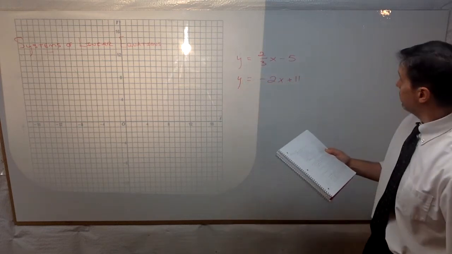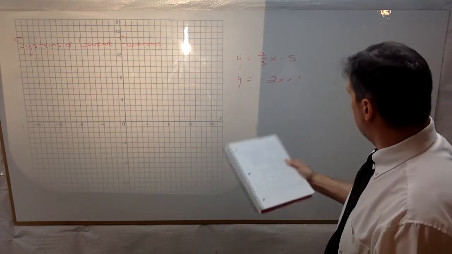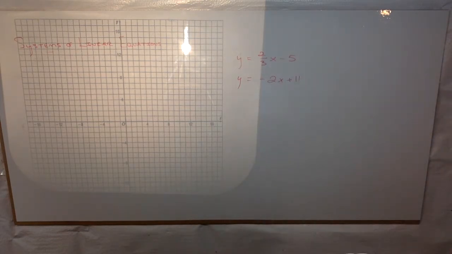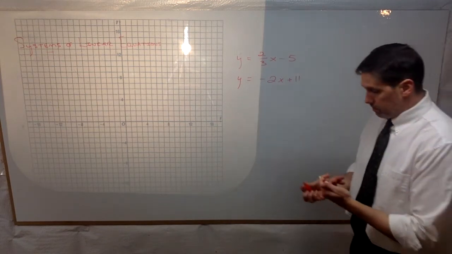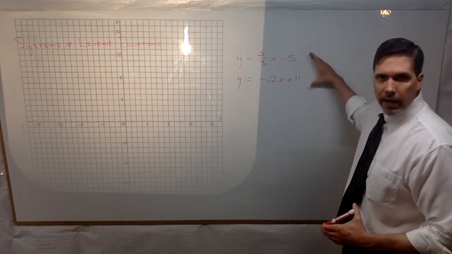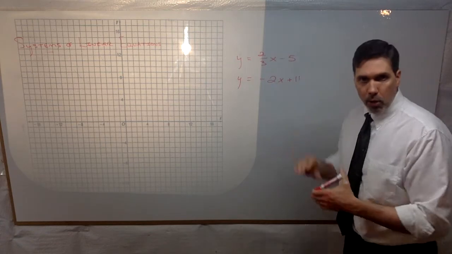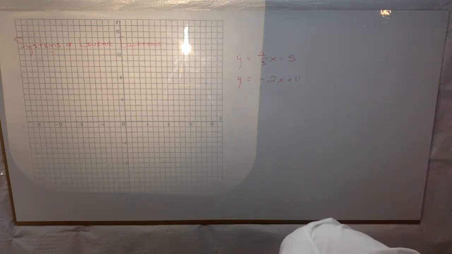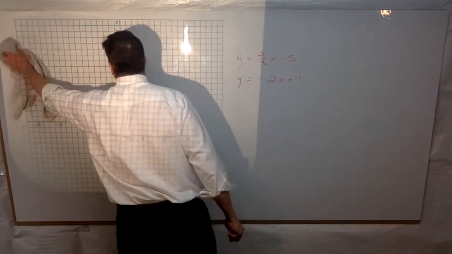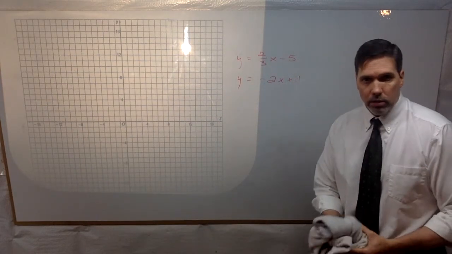You're asked to solve this system. You're looking for the ordered pair that works in both these equations. In other words, we're looking for where these two lines are going to intersect.